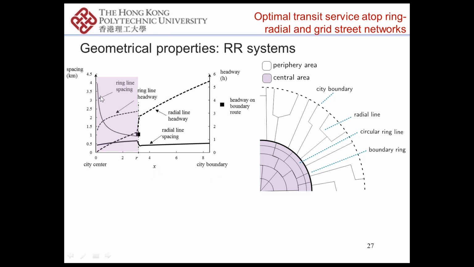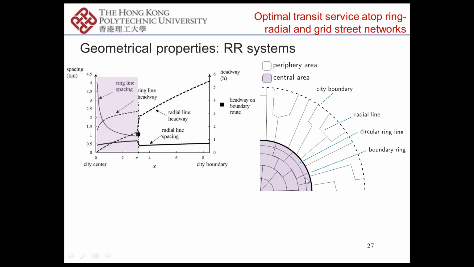So we find that in the central area, the ring line spacing is decreasing, as illustrated by the network shown on the right pane, and we cannot see the ring line headway.